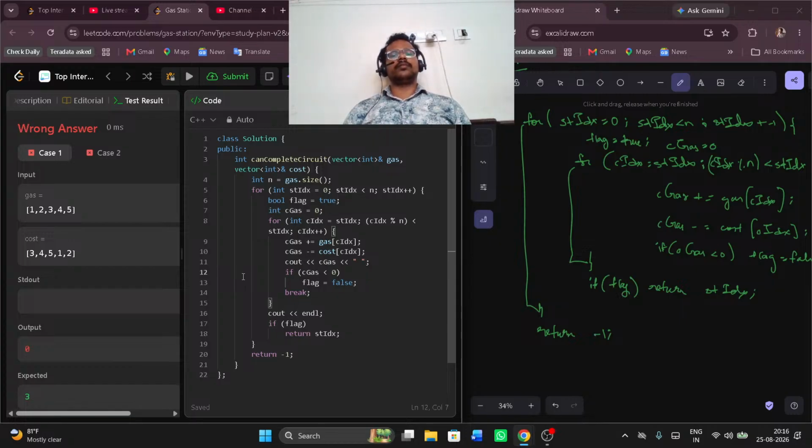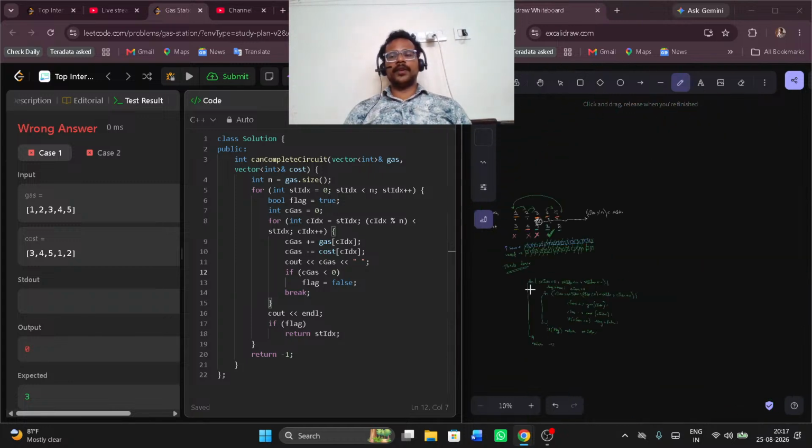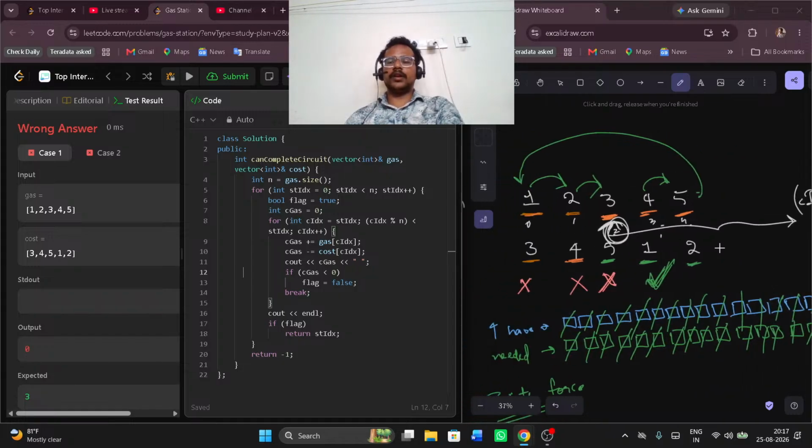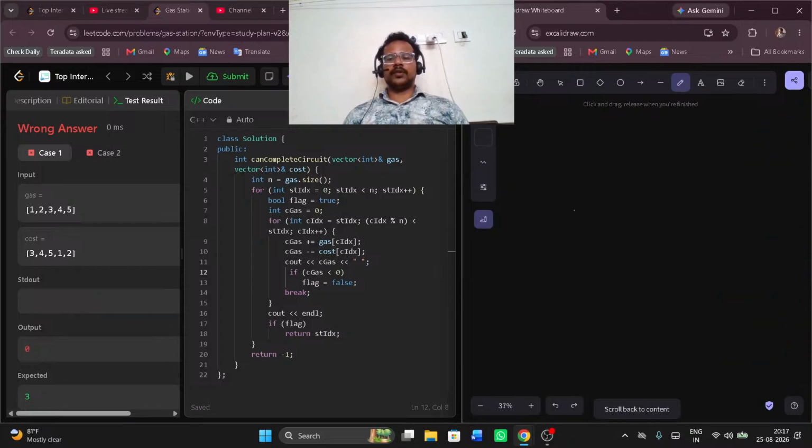Starting index is 0, right? So current index will be 0. Current index 0 mod n. I think we just have to do something with this, right? Current index mod n. Let us look at that. So 0 1 2 3 4.